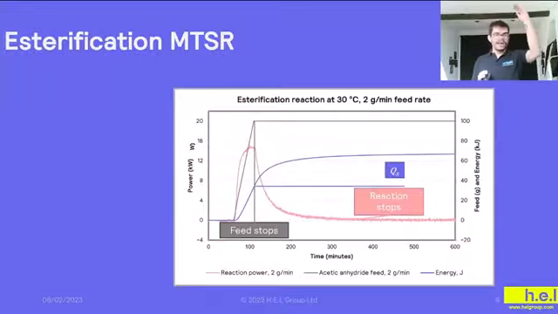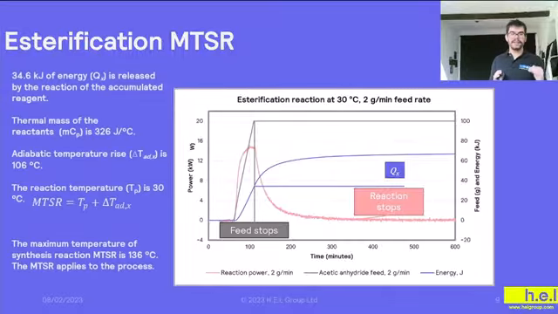So we take the measurement of heat that we had when we stopped the feed, and then we calculate the difference between this value and the maximum value of the accumulated heat. In this experiment, that is 34.6 kilojoules of energy.